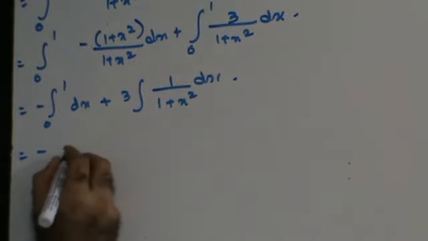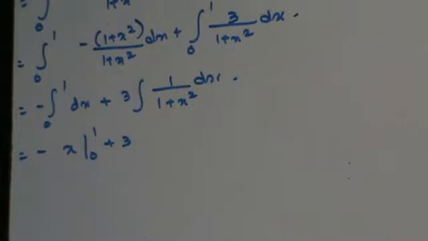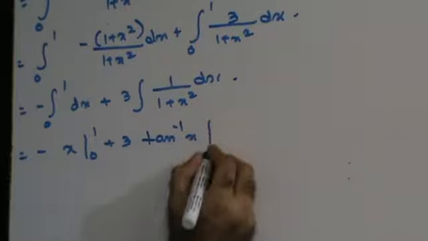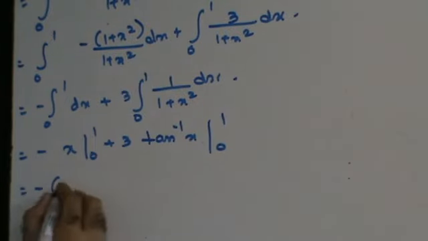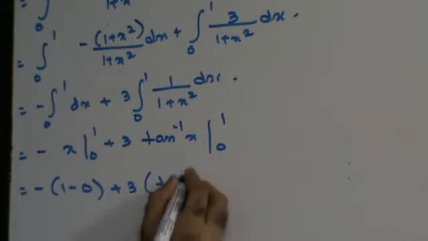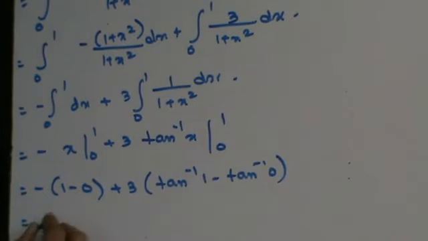Minus integral of dx is x, integral of 1 upon 1 plus x square is nothing but tan inverse of x, when the limits are between 0 to 1. It is upper limit minus lower limit. This is minus 1 plus 3.